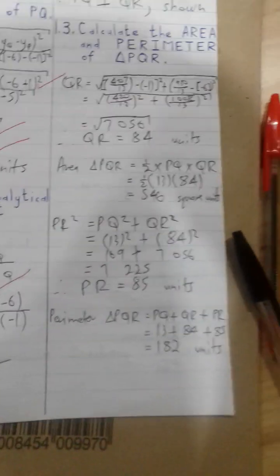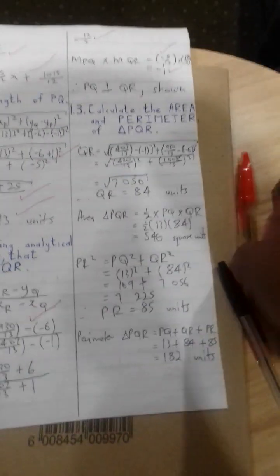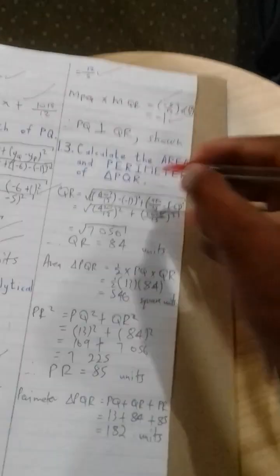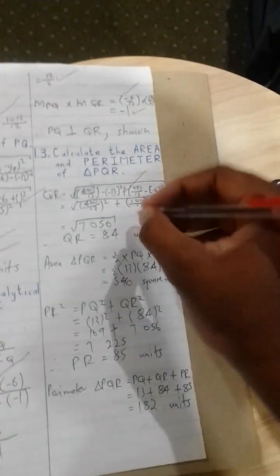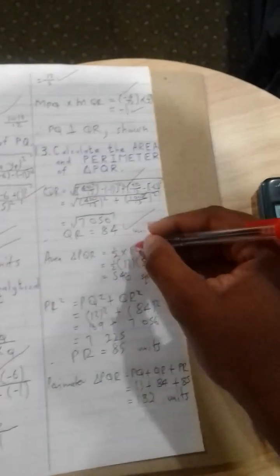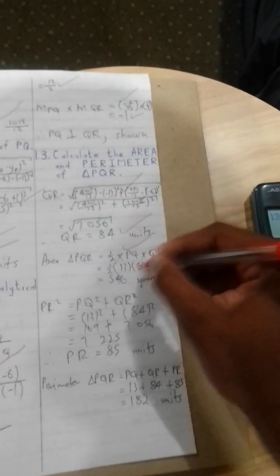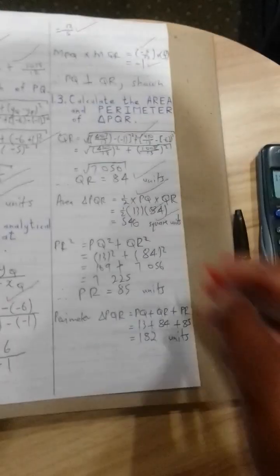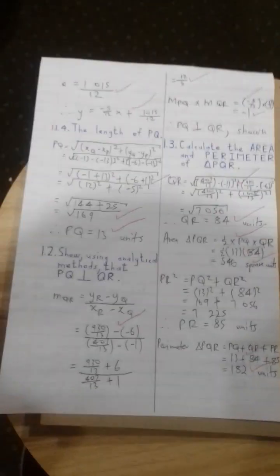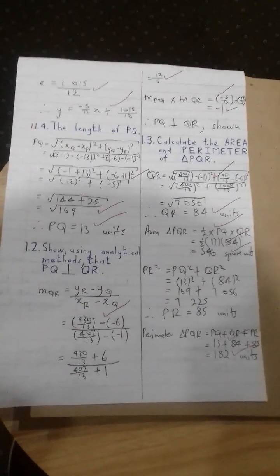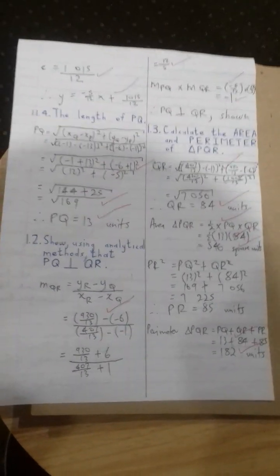Here you would have gotten marks for substitution into the formula as well as the final answer. Formula for the area, substitution, final answer, and then the perimeter would just be this as well as the final answer.